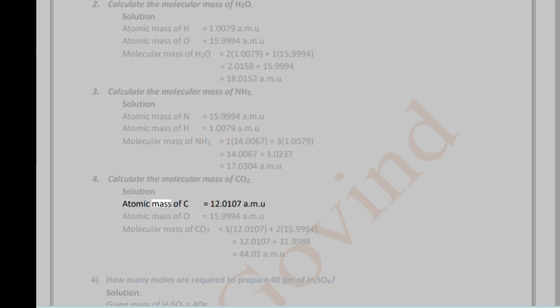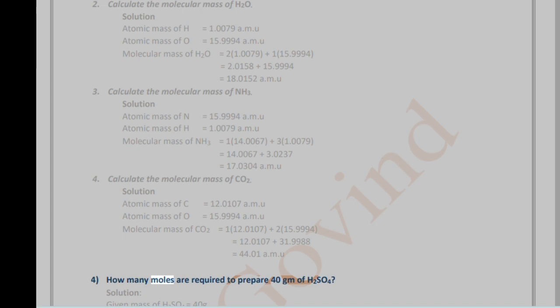4. Calculate the molecular mass of CO2. Solution: atomic mass of C equals 12.0107 a.m.u. Atomic mass of O equals 15.9994 a.m.u. Molecular mass of CO2 equals 1 × 12.0107 + 2 × 15.9994 equals 12.0107 + 31.9988 equals 44.01 a.m.u. Question 4.